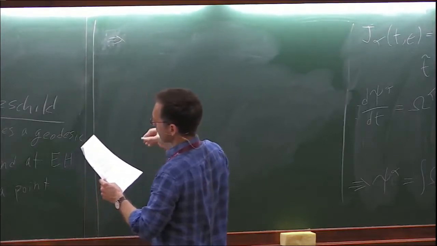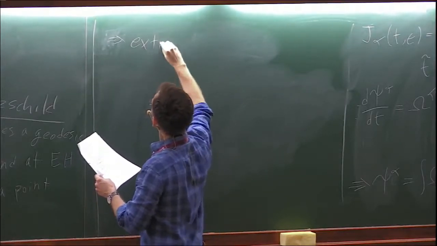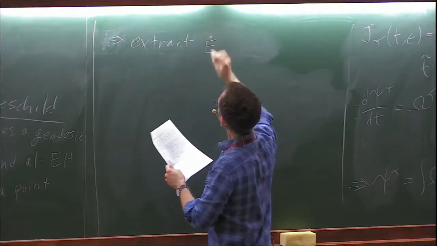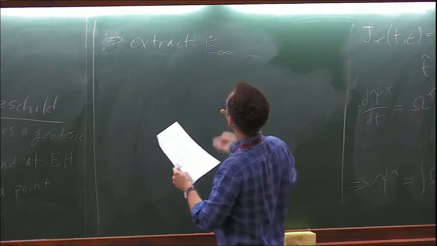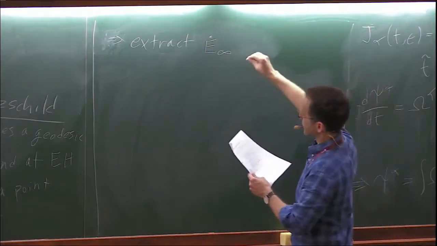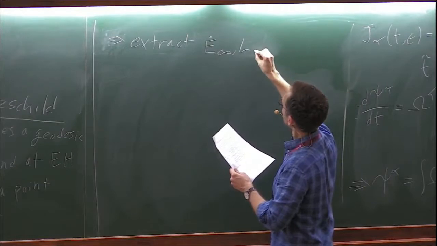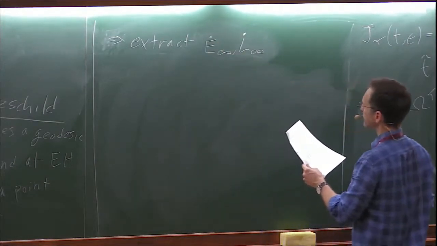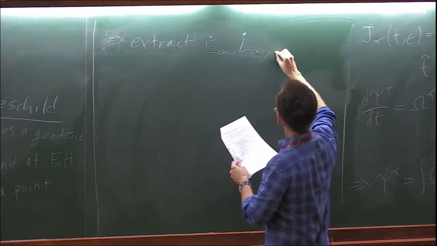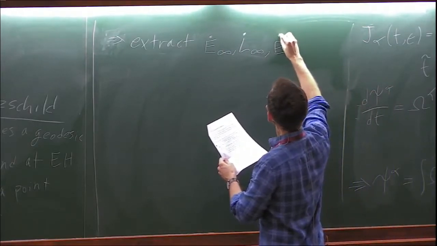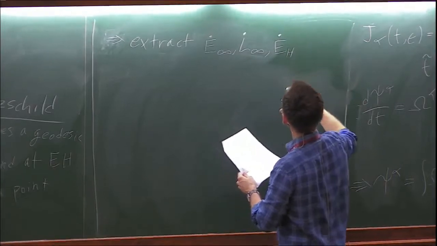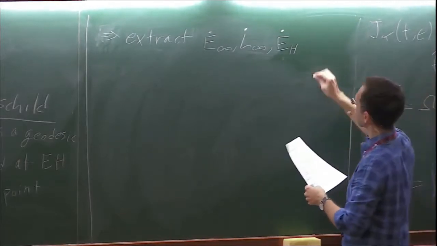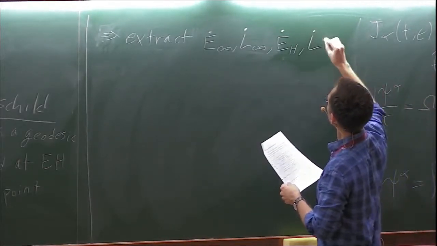So from the gravitational waves, you extract how much energy is being carried out of the system at infinity, and how much angular momentum is being carried out of the system at infinity, and also how much energy is being carried in to the black hole through the horizon, and similarly for angular momentum.